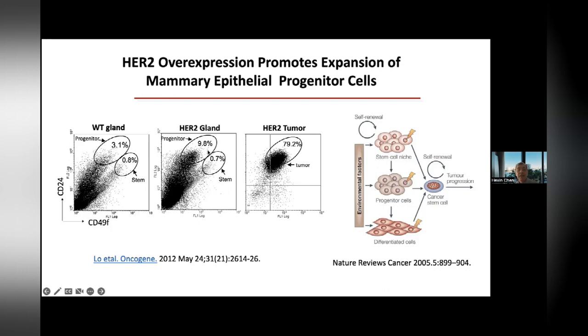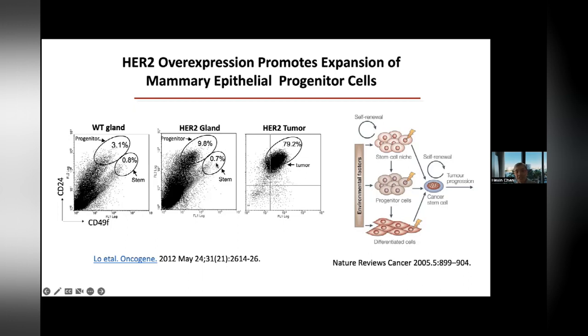That made us wonder why the progenitor cell population expanded, not the stem cells. If the inflammation were going to promote proliferation of stem cells, we would expect the stem cell population to expand. But actually, we noticed a progenitor population expansion. Later, when we analyzed the tumors from these mice, the tumors showed exactly the same phenotype as these progenitor cells.